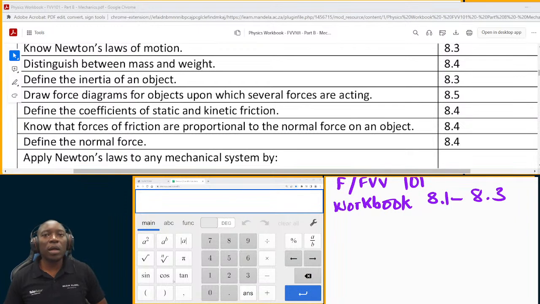So section 8 of the workbook is a section on Newton's laws, and we need to have a detailed understanding of these laws, how they apply and what their consequences are. They are very significant when dealing with motion and forces, and how different objects behave under different conditions.